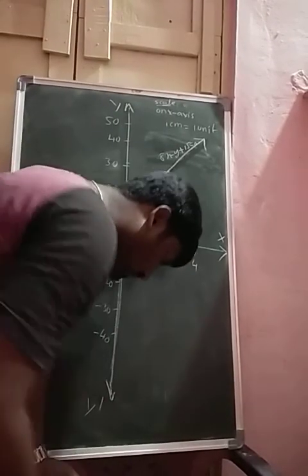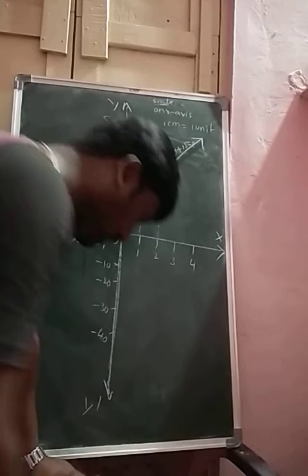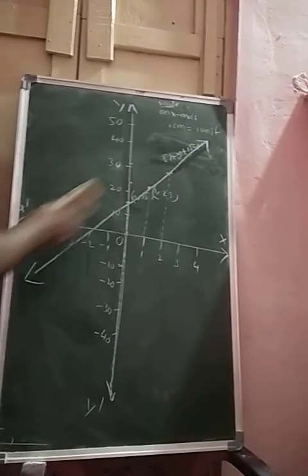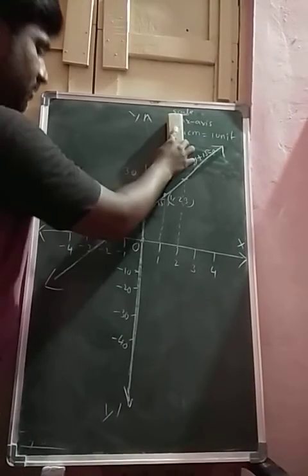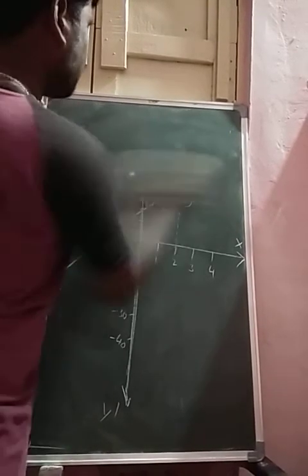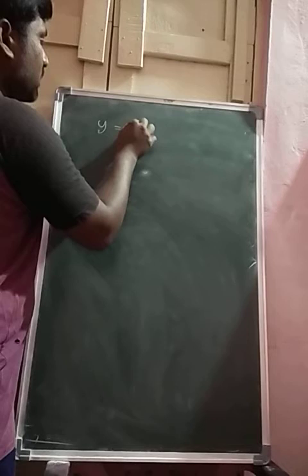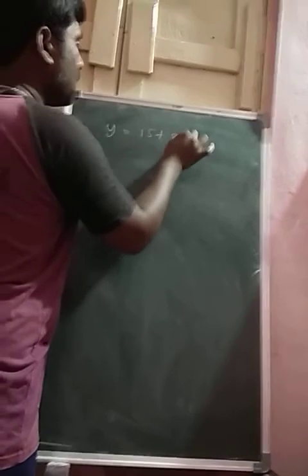Now from the question, if the amount paid is rupees 55, this is the graph from the question. We know the equation. We write it like this: y equals 15 plus 8x.